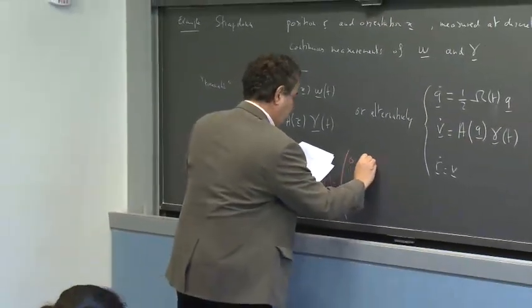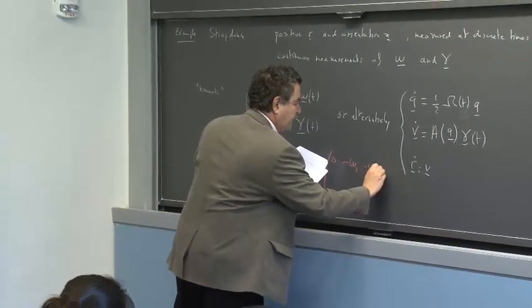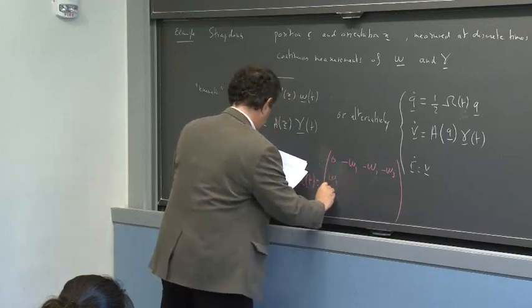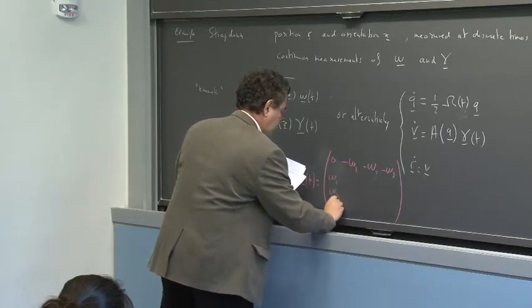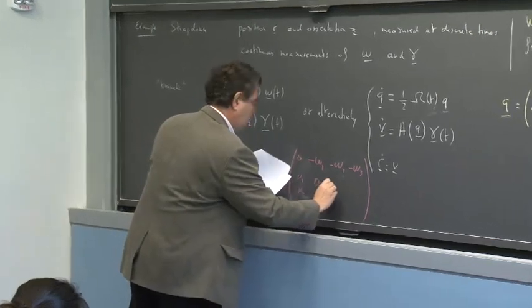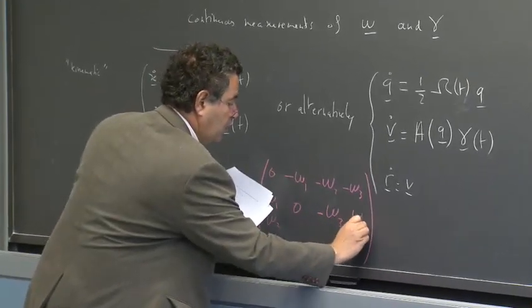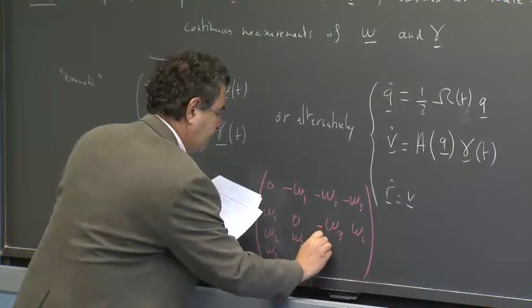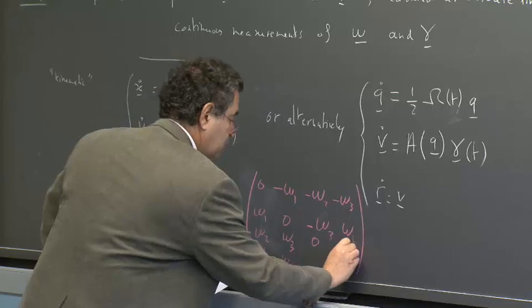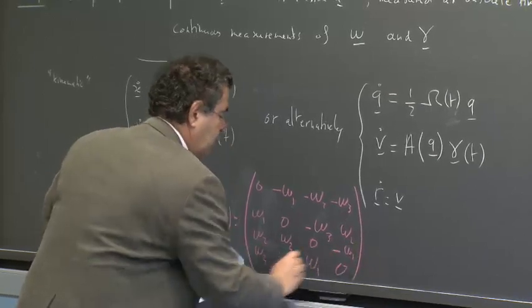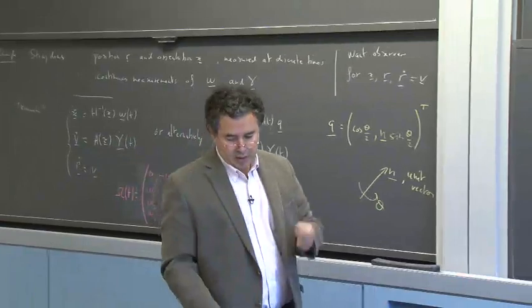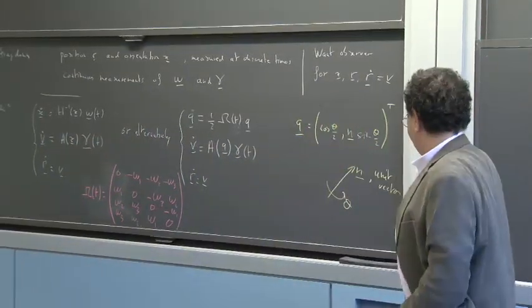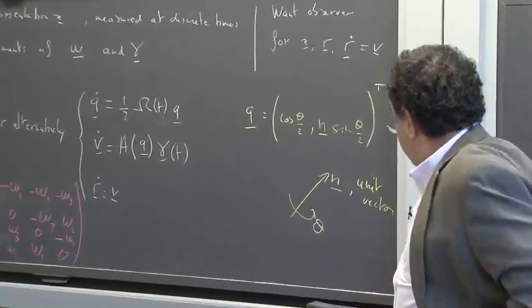So what you build is a matrix, which is this matrix. And so this is kind of similar to a cross product, right?